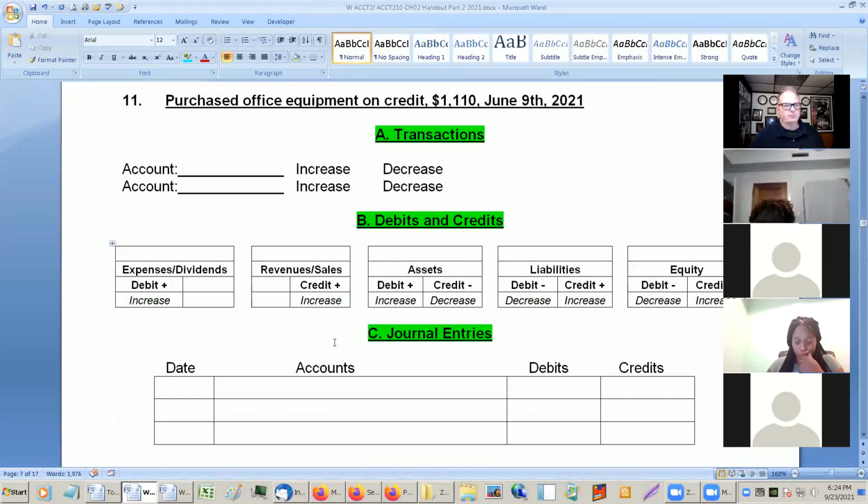Okay. Number 11, purchased office equipment on credit, $1,110. What accounts? Cash and equipment. Good.